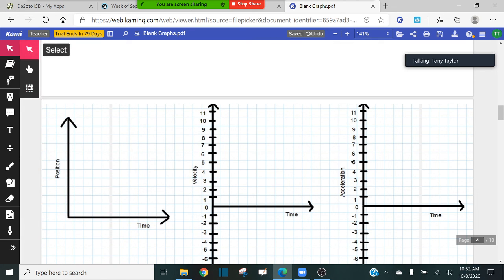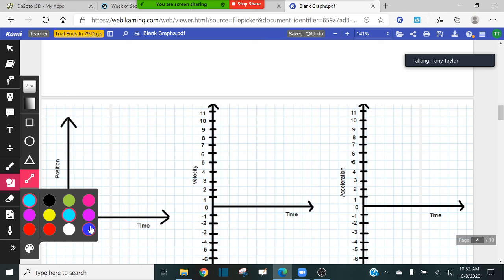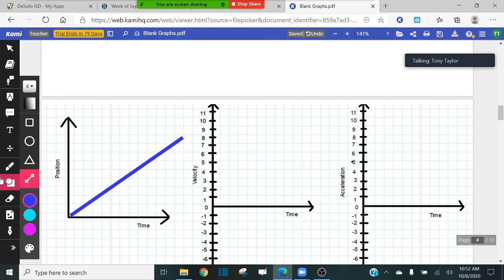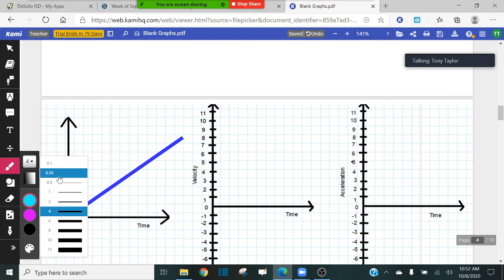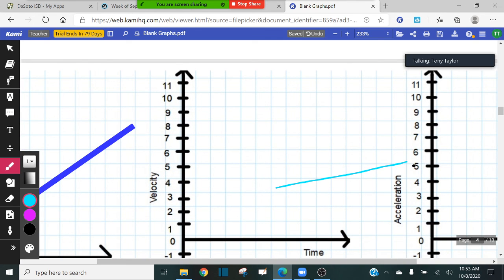Whenever I give you position versus time graphs and velocity versus time graphs, I'm going to repeat myself because I want to reiterate this point. Anytime you have a position versus time graph, the slope of the line always indicates the object's velocity.